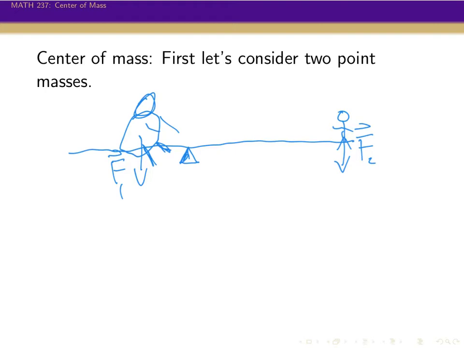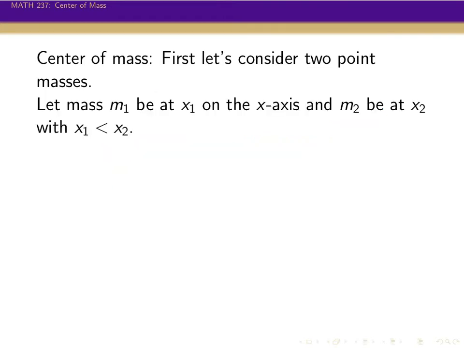So the physics here boils down to 2-point masses: you can think of M1 being the math professor and M2 being the child, resting on the x-axis, so the math professor's at x1 and the child's at x2, and let's assume that x1 is less than x2.